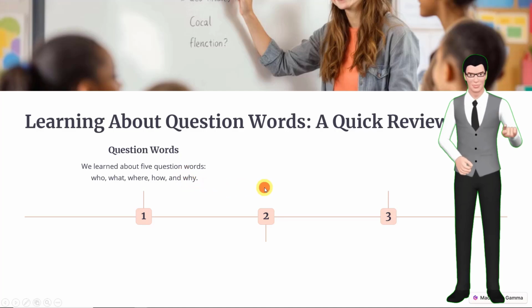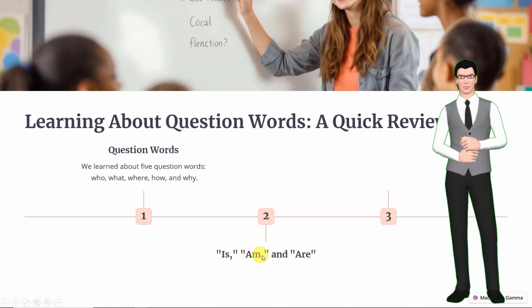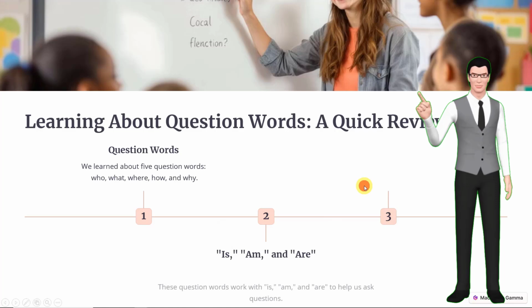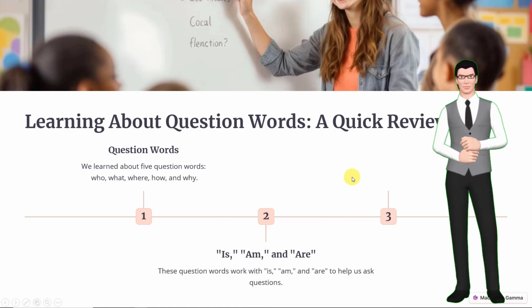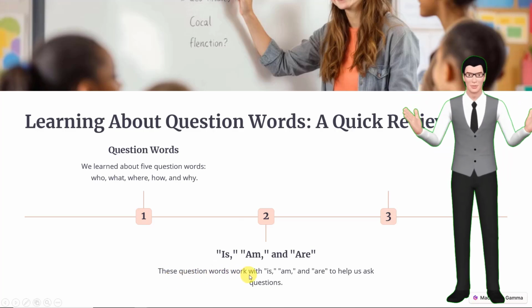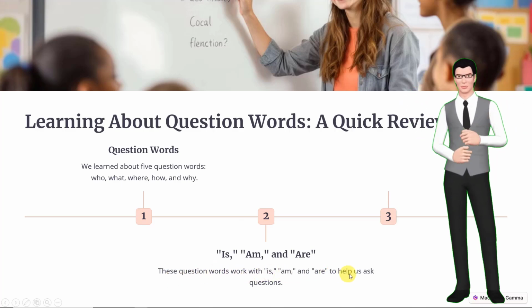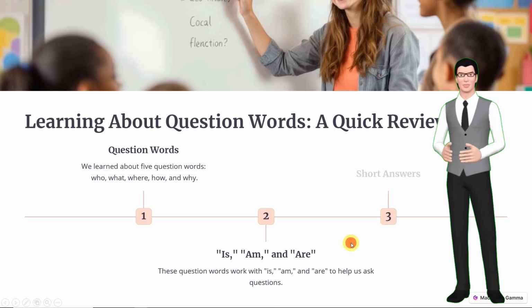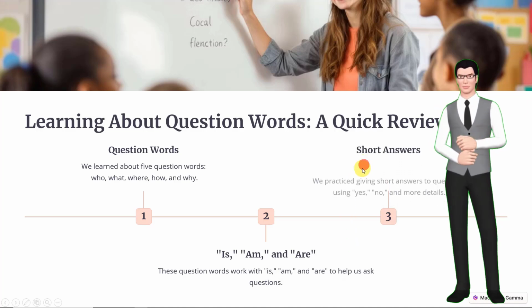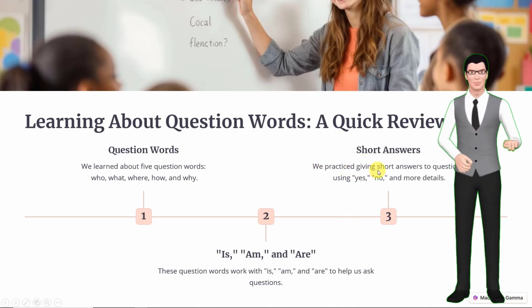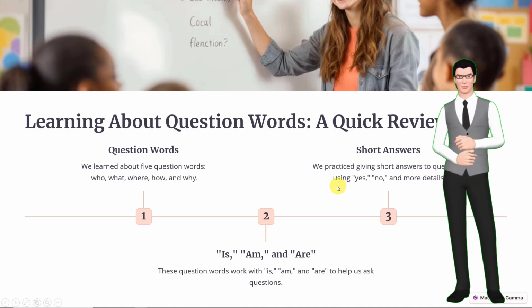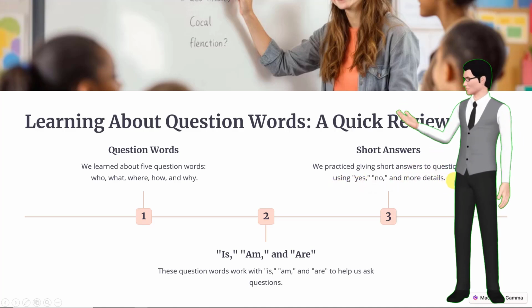And is, am, and are. These question words work with is, am, and are to help us ask questions. And then of course the short answers, we practiced giving short answers to questions using yes, no, and a little bit more details in certain cases.